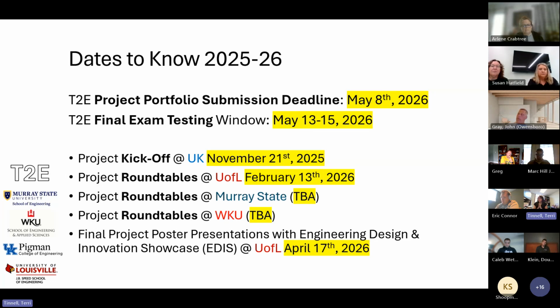Towards the end of the school year, thinking in terms of backward design, at the university level we're going to need the portfolio submitted by May 8th. We'll look at the portfolio, which connects to the rubric that we're going to talk about. The final exam testing window is May 13th through the 15th.